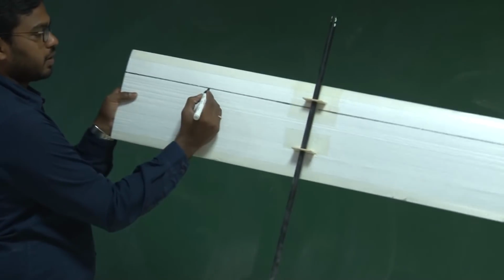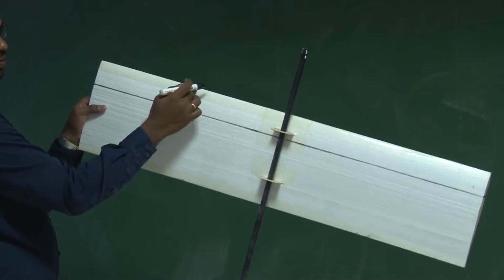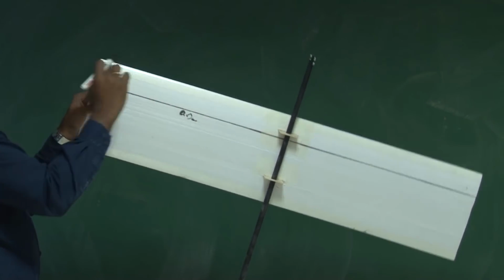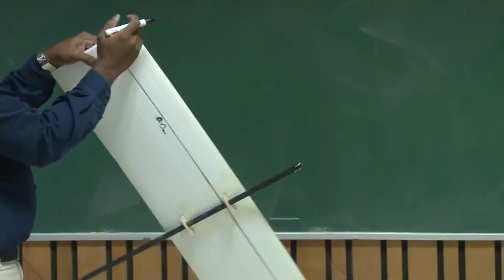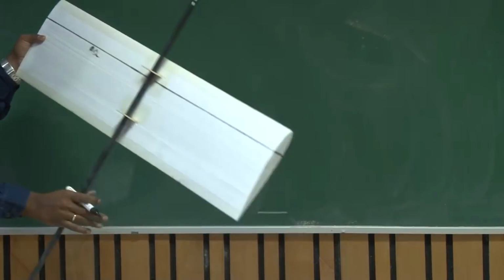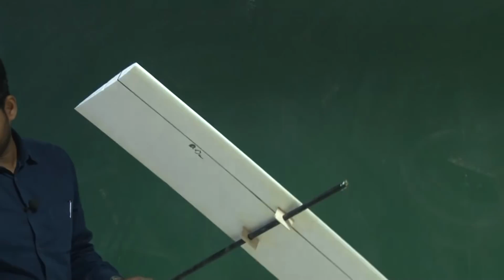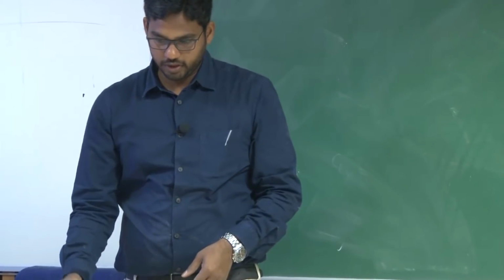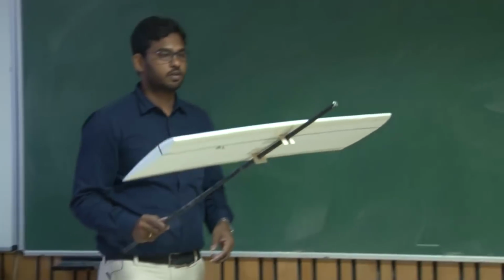Now let us mark this as AC of wing, which is at a distance of 5.75 centimeters from the leading edge of this wing. This is your aerodynamic center. Now let's measure the weight. It is approximately 150 grams.